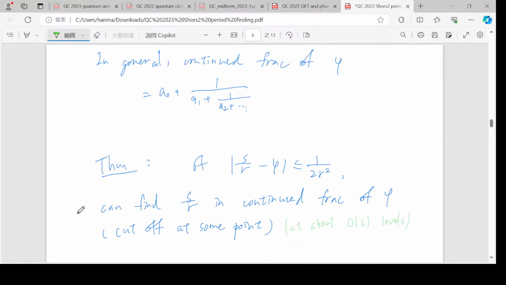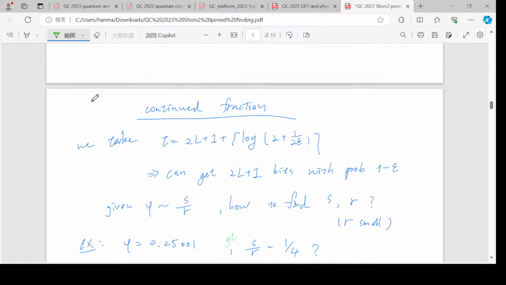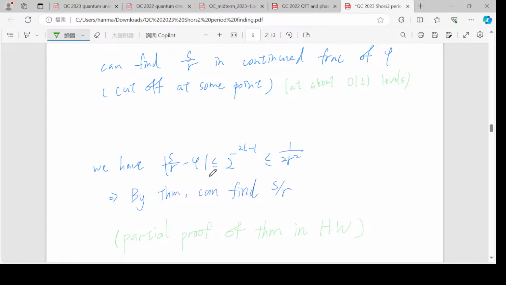And okay, so we have a theorem here, and finally we're back to saying that the number of bits we take is enough. Okay, so the number of bits we take, we have error probability epsilon, and we'll get 2L plus 1 bits precision. And 2L plus 1 bits precision means that our error is 2 to the minus 2L minus 1.